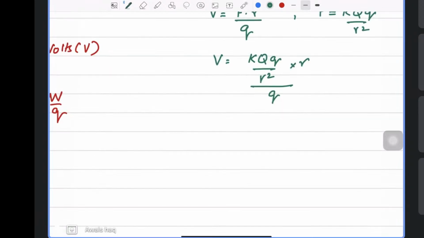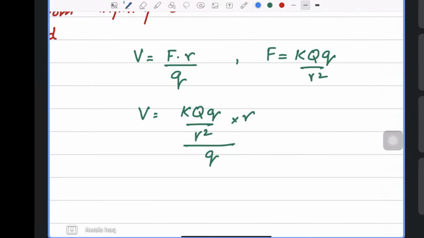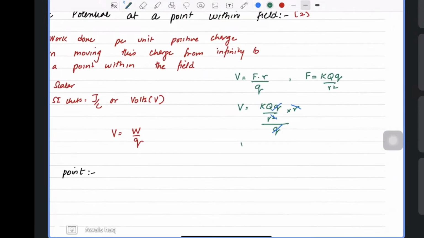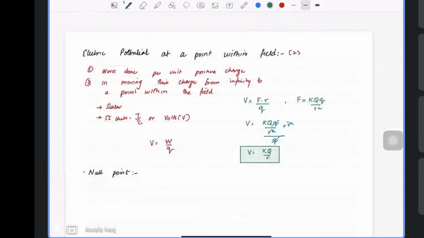If you notice, there is 1 r here, so I'm going to cancel this with the square here, and this charge gets cancelled by this. So ultimately you are going to get voltage equals kq over r, just like this, right? So just remember that that's the formula that most of the time you're going to be using.